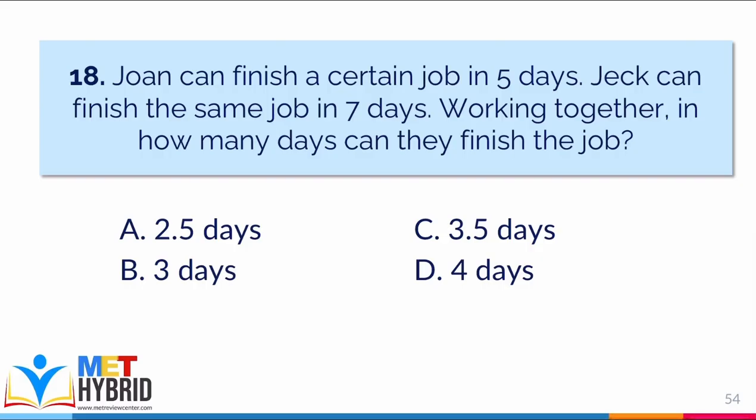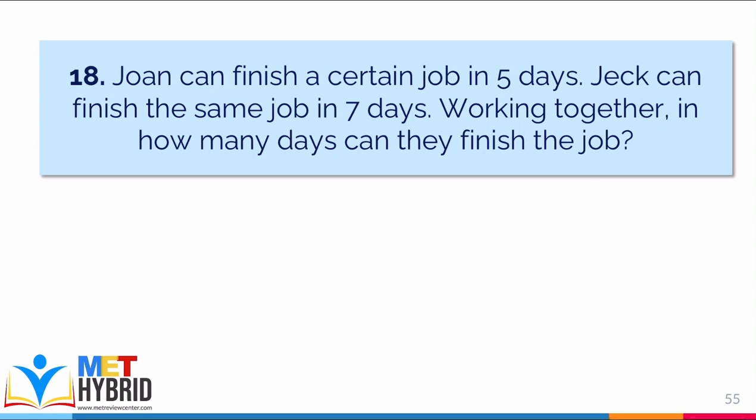Question number 18. Joanne can finish a certain job in 5 days. Jack can finish the same job in 7 days. Working together, in how many days can they finish the same job? So this is an example of a work problem.